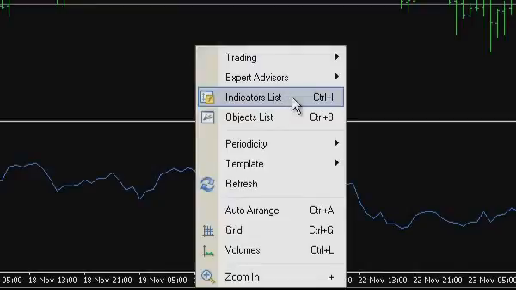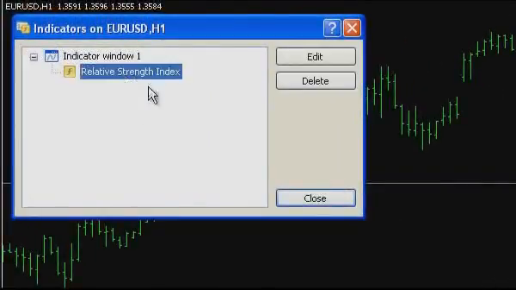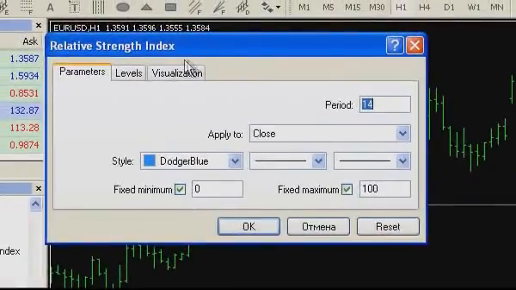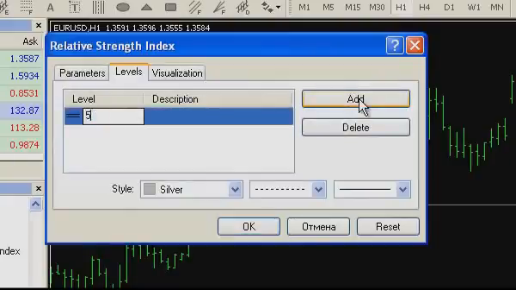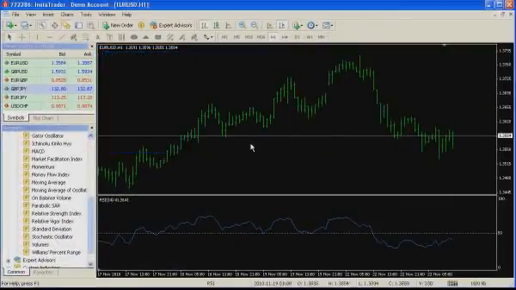To do so, right-click on the free field of the price chart. Choose List of Indicators and double left-click on RSI to activate the Oscillator Settings dialog window. Switch to the Levels tab, click the Add button and add the required level, 50 in this case. It is clear now that after the RSI line overcomes the level 50, the price often moves to the direction indicated by the oscillator.